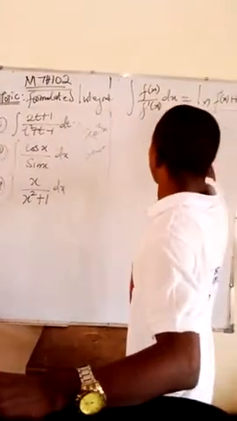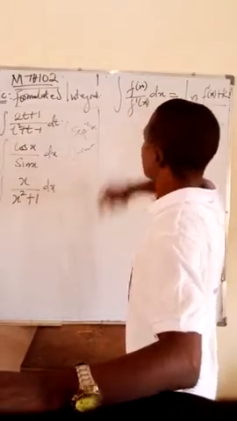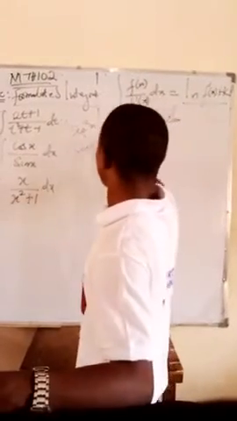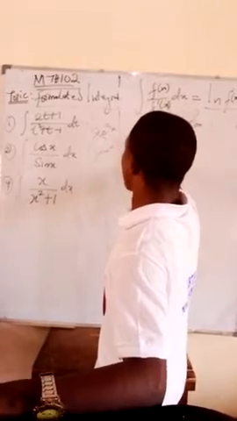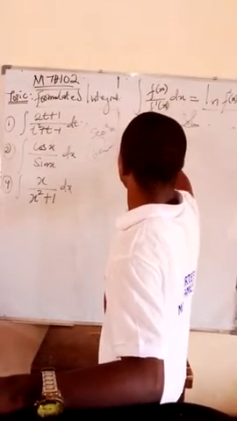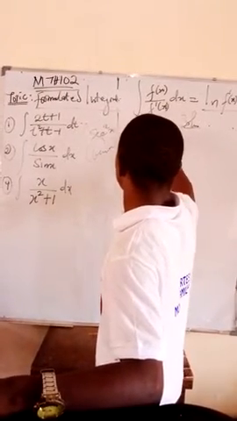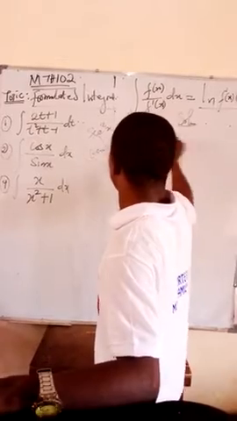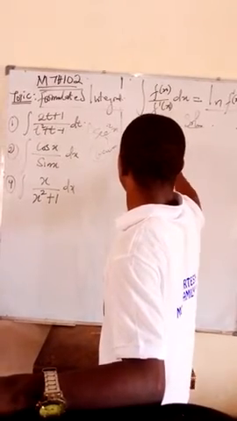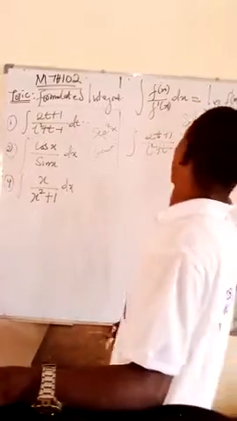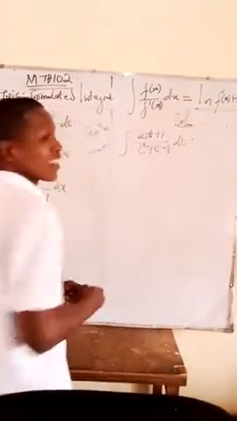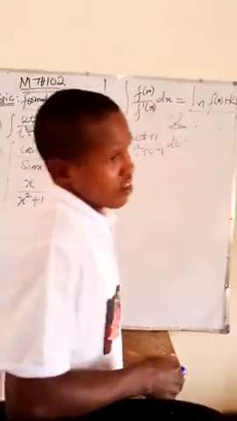So, solution for number 1, we have the integral of (2t plus 1) over (t squared plus t minus 1) dt. Now, if we have something like this, there are two ways of solving this.